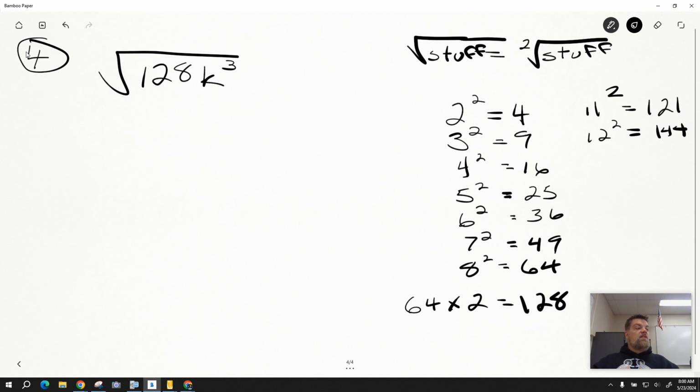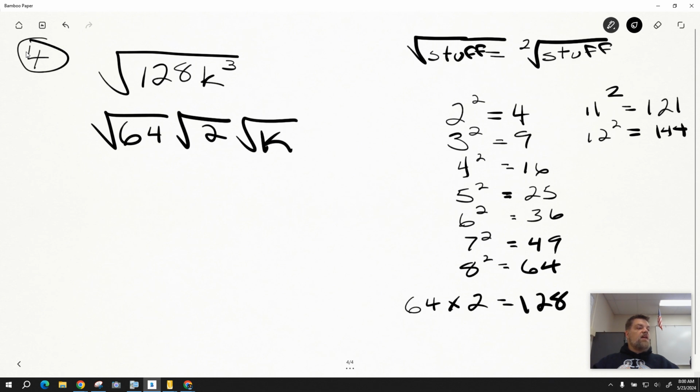So then I'm going to separate these into factors where they're squares. In other words, this is going to be the square root of 64 times the square root of 2 times the square root of k cubed. Also remember that k cubed is the same as k squared times k to the first power.